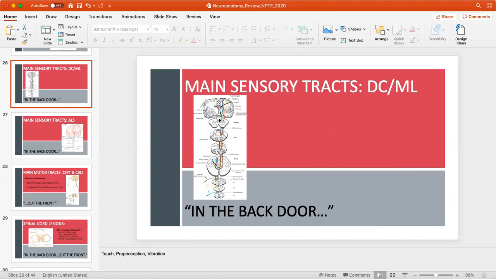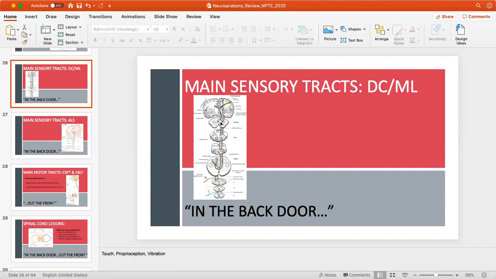And it's going to travel up into the brainstem, and in particular the medulla, and then it's going to cross over from right side to left side or left side to right as it synapses in that area, either at the cuneate or the gracile nucleus. And again, nucleus, collection of nerve cell bodies.